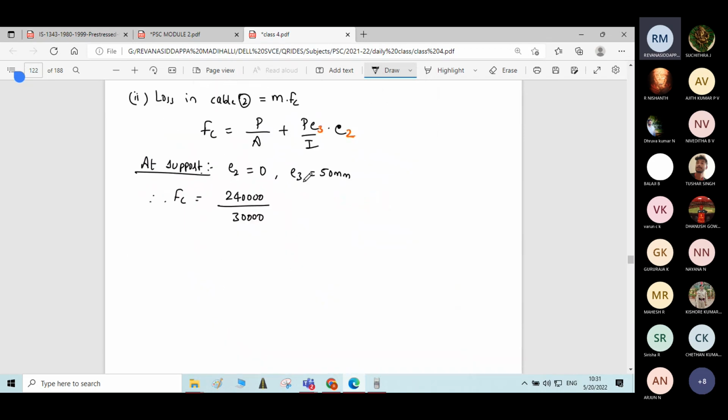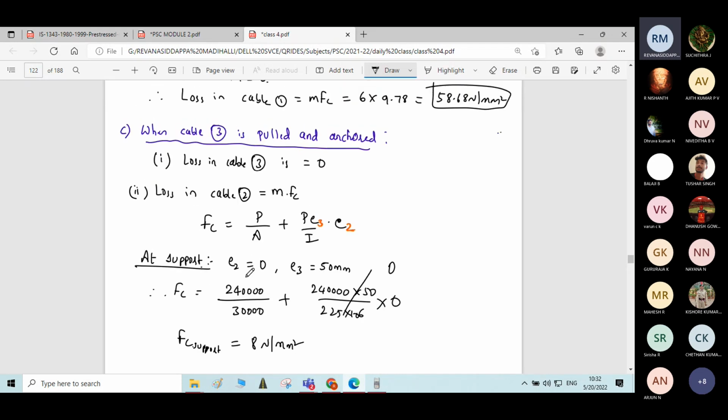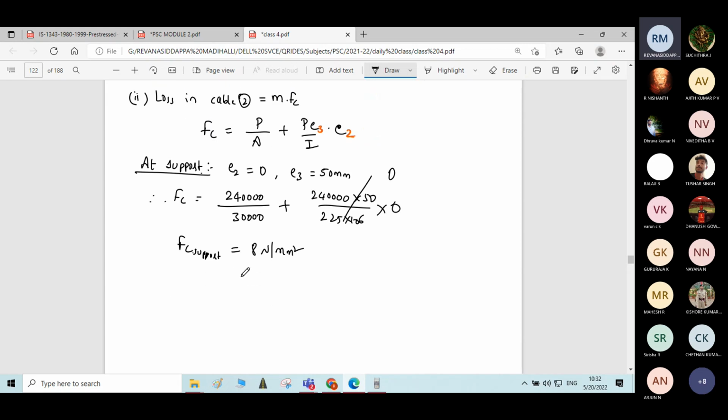We can directly substitute 8 plus 240,000 into E3 is 50 divided by 225 into 10 power 6 into 0. So this whole term becomes 0. So FC is equal to FC at support, which is again 8 Newton per mm square. This is the loss in cable 2 when cable 3 is pulled and anchored.